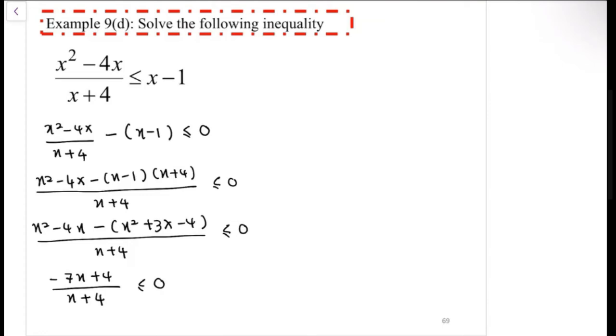Maksudnya saya tukar dia kepada positif. Option number 2, kita biar je dia negatif, tapi something kita kena buat kat table kita. Apa yang berbeza daripada table tu, saya cuba conteng kat tepi je lah. Okay. Let's say I have negative 7x plus 4. Contoh macam ni. Zeros is still 7, zeros is still negative 4 over 7.